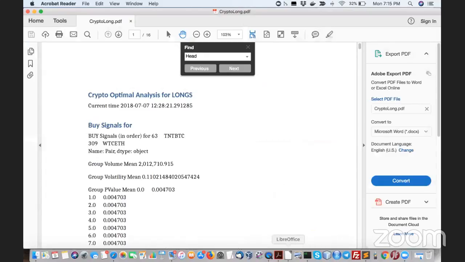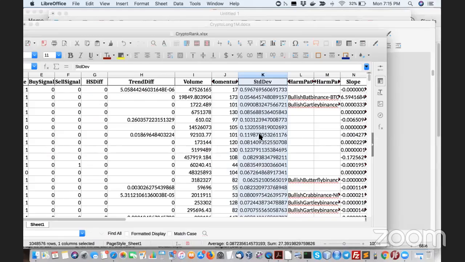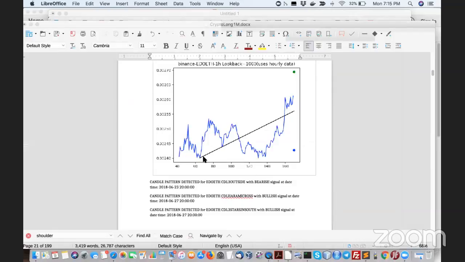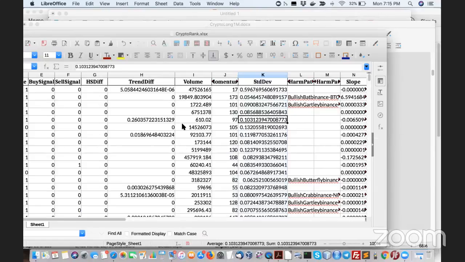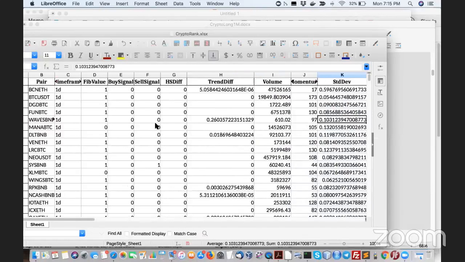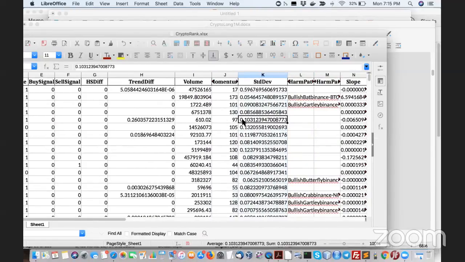So what I do that for is then you can compare that average volume against the ones that are generated here in this spreadsheet. So it's just another way to say, are you dealing with a currency pair that is more volatile than the group average of what's interesting to trade?